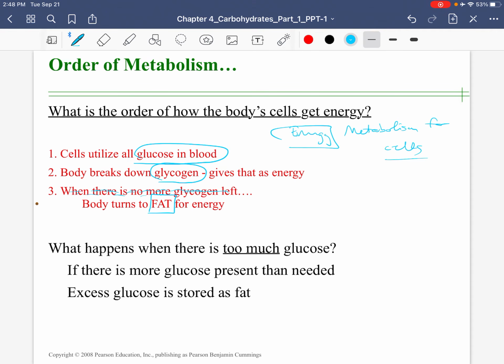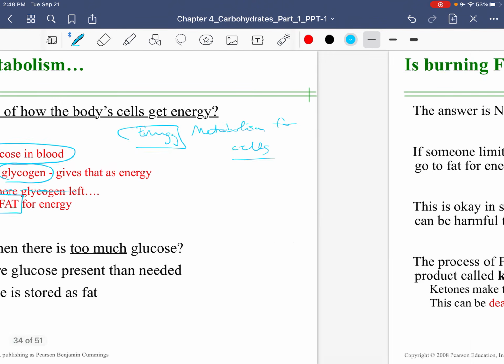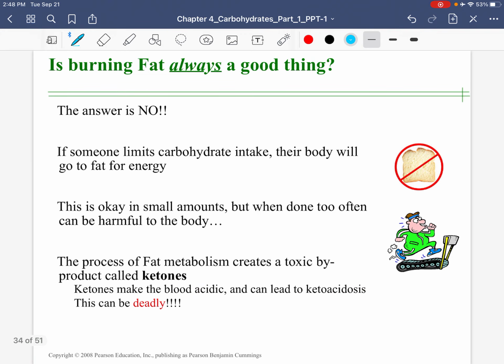As a matter of fact, I can't even think of a time when a human being burned all their glycogen. We have so much of it. So while we're still burning some glycogen, our body's already beginning to do the fat metabolism. It just takes a little longer to get to. So this is the order for what our cells turn to for energy: glucose in the blood, glycogen, stored glucose, and then fat.